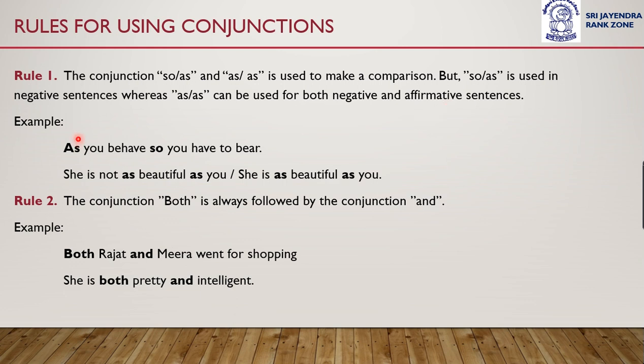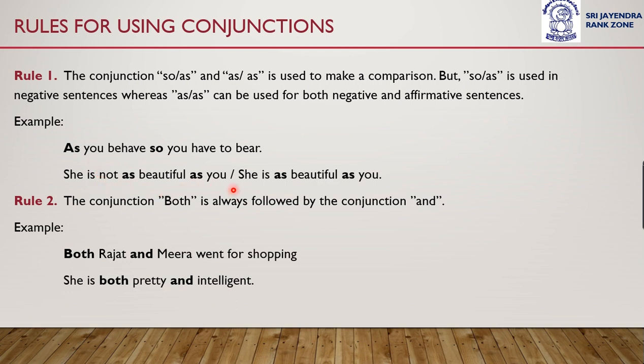For example, as you behave, so you have to bear. This is a comparison statement, but the second statement is conveying a negative meaning. Therefore, we have to use: as you behave, so you have to bear.